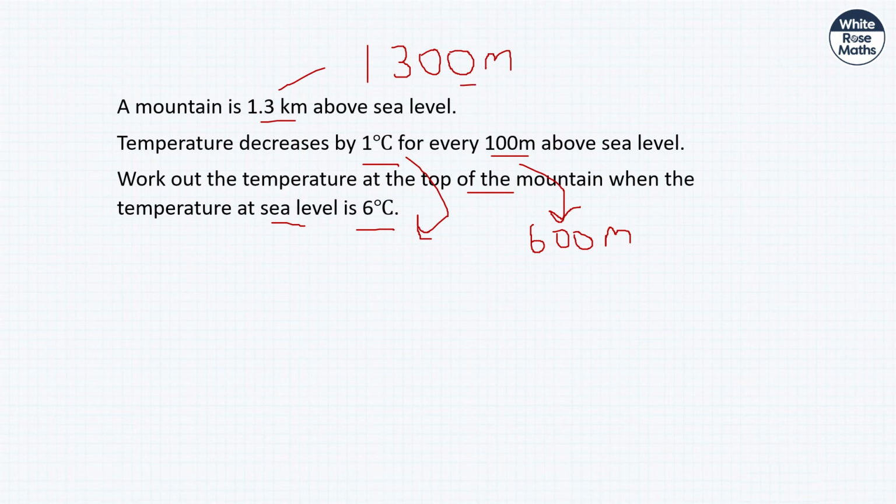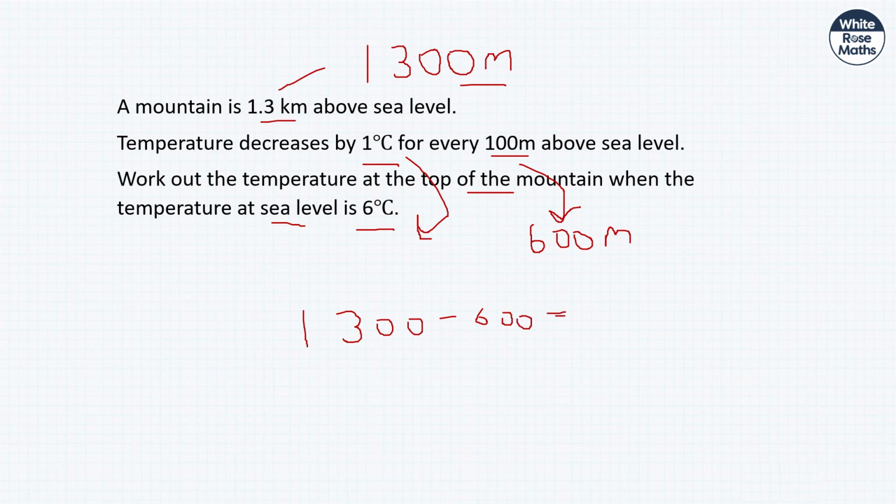So I'll take it off at the top of the mountain. So I would actually take it off. So I'll do 1,300 subtract 600.